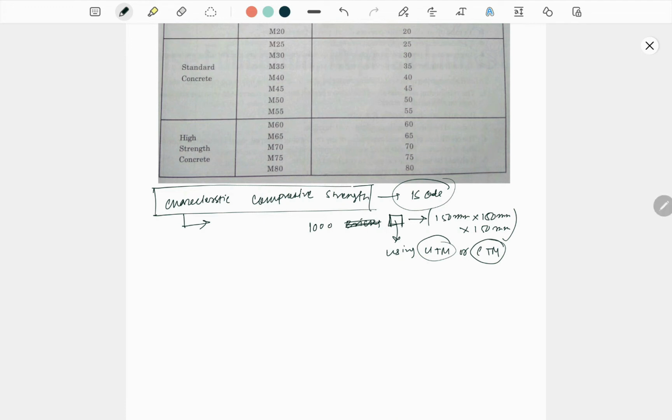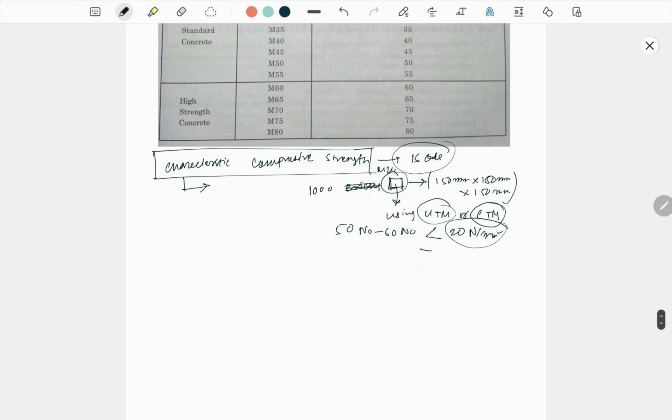Suppose your grade is M20. Say 50 to 60 cubes have strength less than 20 Newton per mm square, and the remaining, 940 to 960, around 950, are greater than or equal to 20 Newton per mm square.